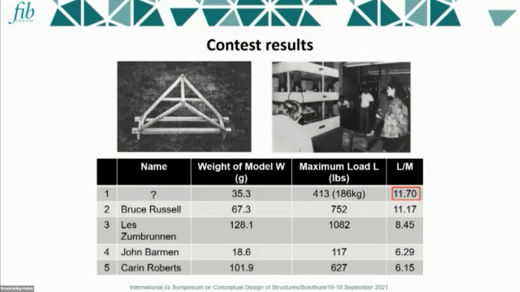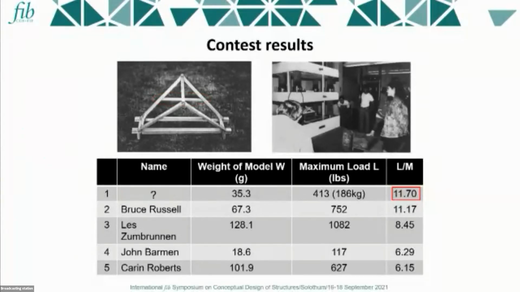Number one and number two were different from the other students. So finally, I won. I got $90 and went to the sushi restaurant.